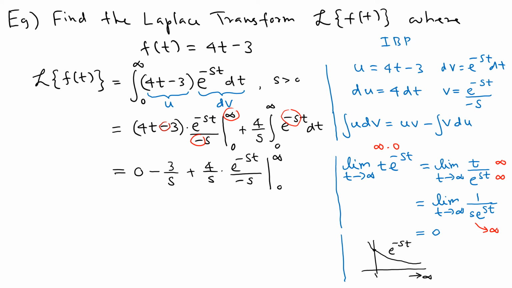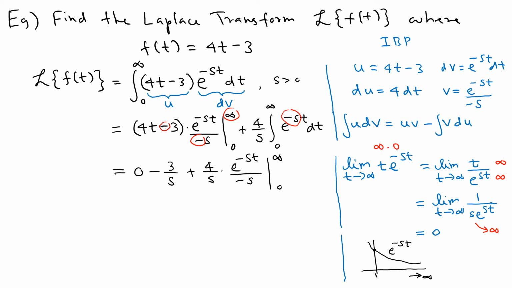So when you plug in infinity, it is 0. But when you plug in t equals 0, this is e to the 0, it is 1. It's a minus situation because it's the second one, the bottom one, so you're going to get a plus there.